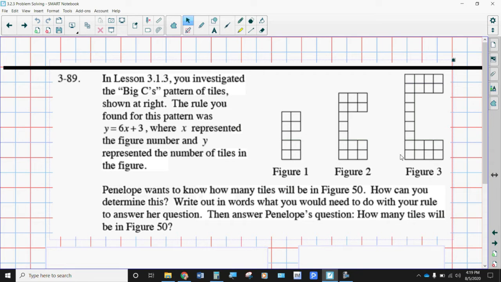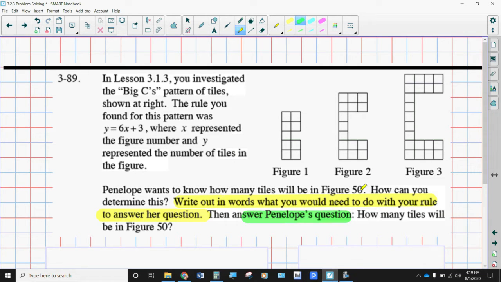So Penelope wanted to know how many tiles will be in figure 50. How can you determine this? Write out in words, please, what you would need to do with your rule to answer her question. Then answer the question: how many tiles would be in figure 50?